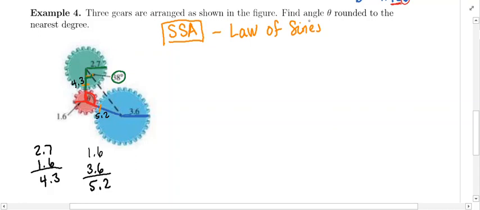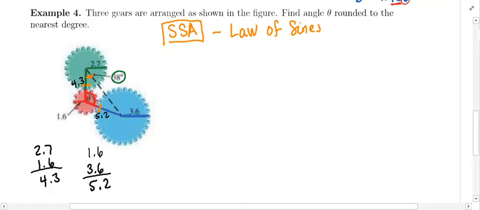You only use law of cosines for SAS and all sides. Again, we have side, side, angle. This is the ambiguous case, but you can go through it later on your own time and figure out that there's only going to be one possible triangle here.